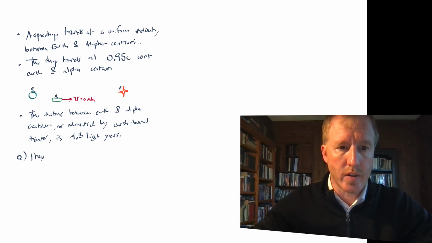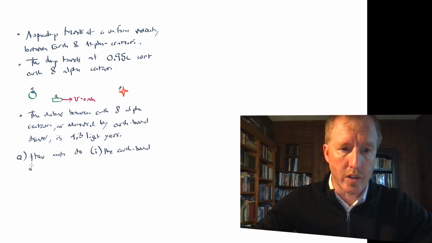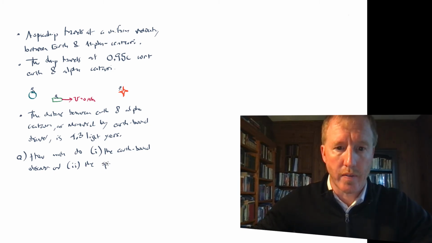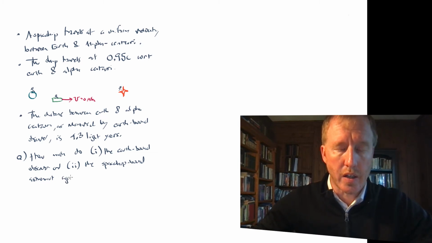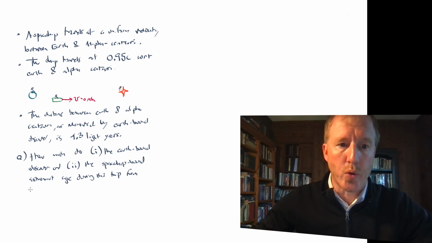So how much do, first of all, an earthbound observer, and second, the spaceship-bound astronaut, the guy riding on the ship, age during this trip from Earth to Alpha Centauri.